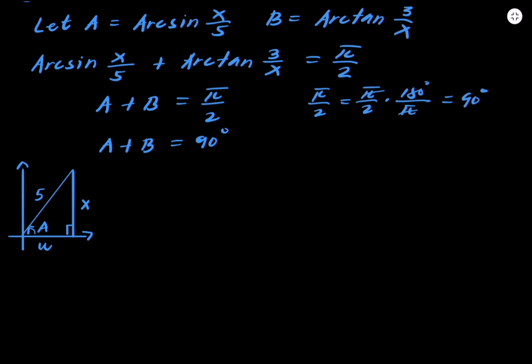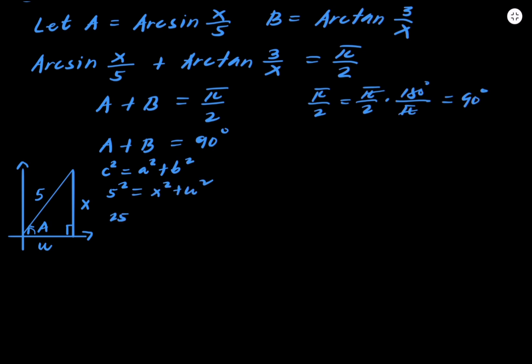To do that, we will be applying the Pythagorean theorem, which states that the square of the hypotenuse is equal to the square of A plus the square of B, where A and B are the legs of the triangle. x and u are the legs. Okay, so we have 5 squared equals x squared plus u squared.